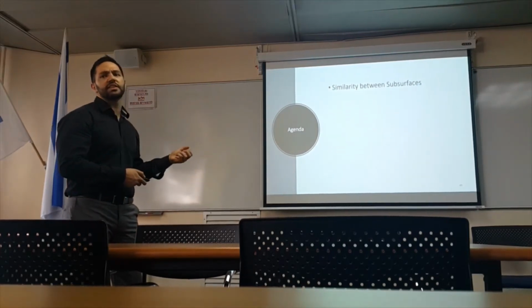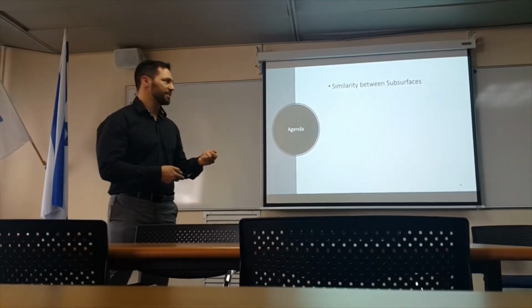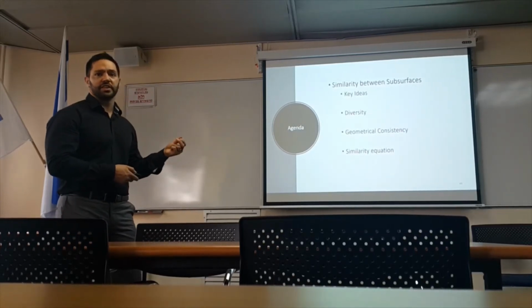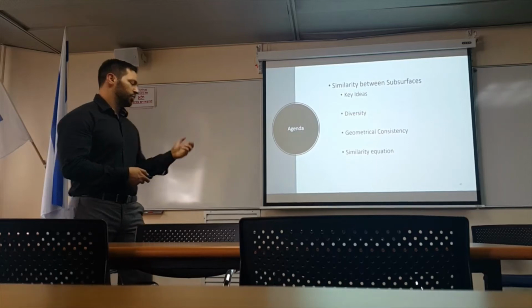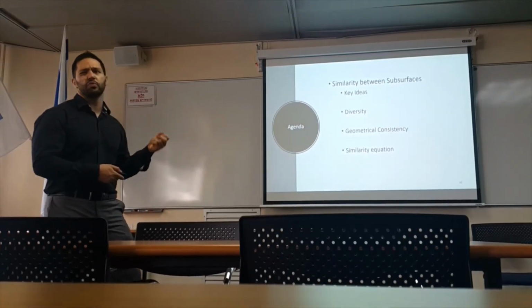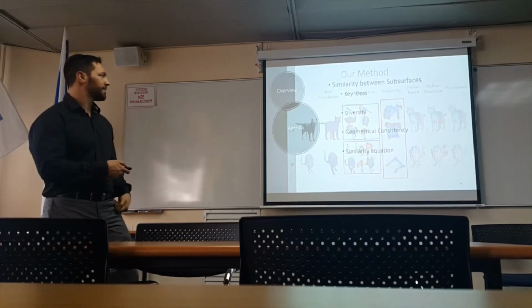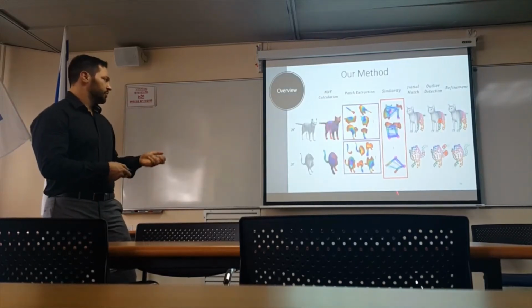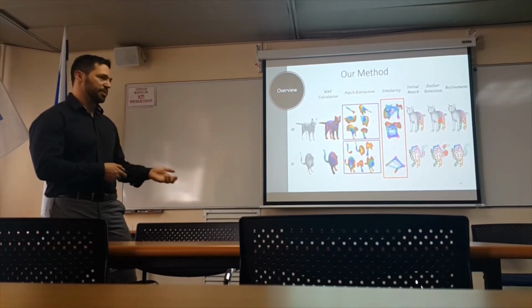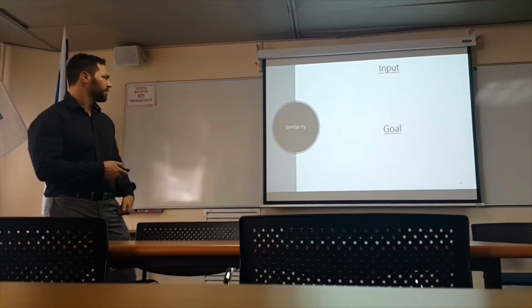So how do we calculate the similarity between two subsurfaces? We'll start with the key ideas. We'll define diversity. Then we'll show what we define as the geometrical consistency. And finally, we'll get to our combined similarity equation. So just as a reminder of where we are in the pipeline, just before we extract the matches, similarity is for extracting them.